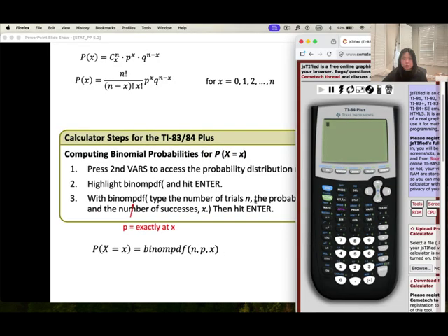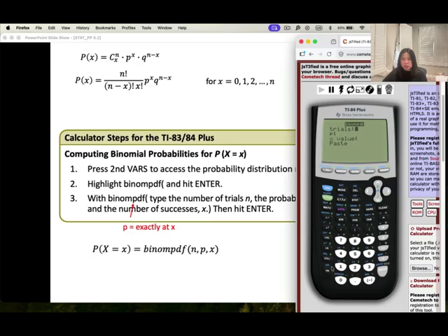So let me show you how to use your calculator. First, click on 2nd, VARS. You're going to choose binompdf, so go down. You're going to see binompdf, enter.